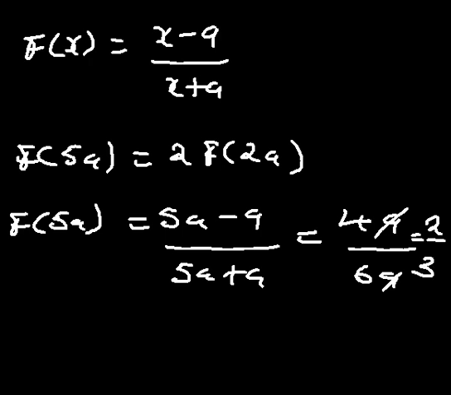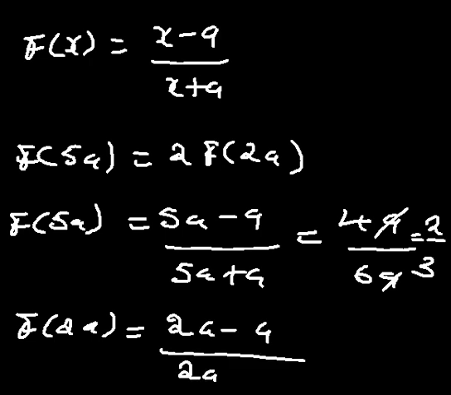Then now what is f of 2a? So what was that one? I missed it. f of 2a is equal, so we'll have it as 2a minus a divided by 2a plus a, which is the same as a over 3a. So now we'll have it as 1 over 3.